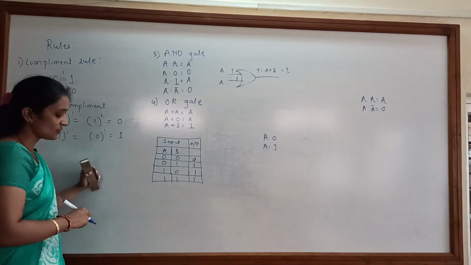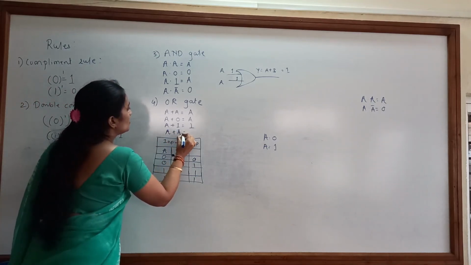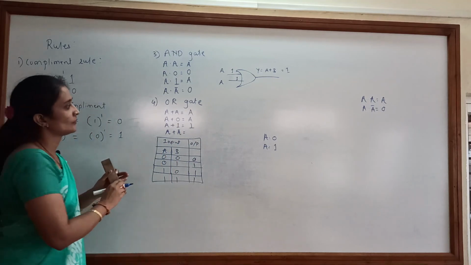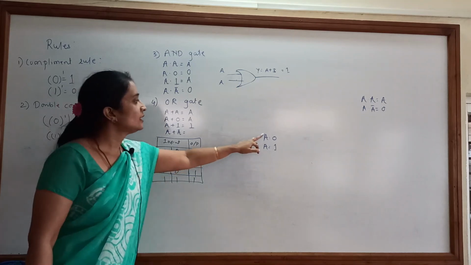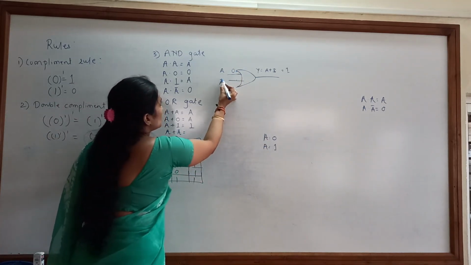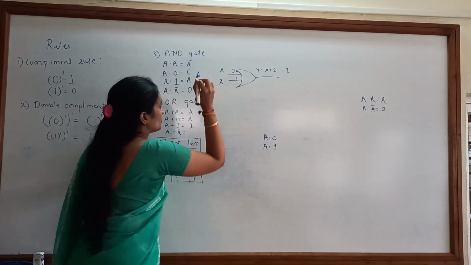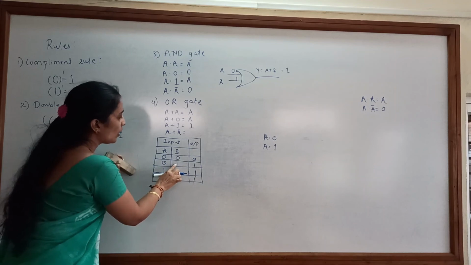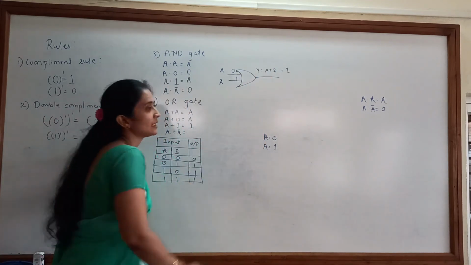And last rule of OR gate, if we add complement of the number, again we will write here what are the values of a, either 0 or 1. When a is equal to 0, what will be the a complement? A complement will be 1. 0 or 1, answer will be 1.